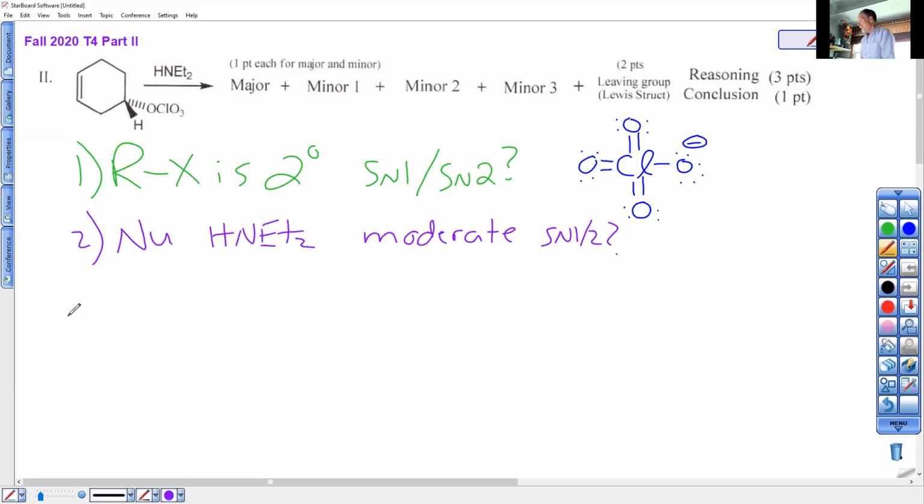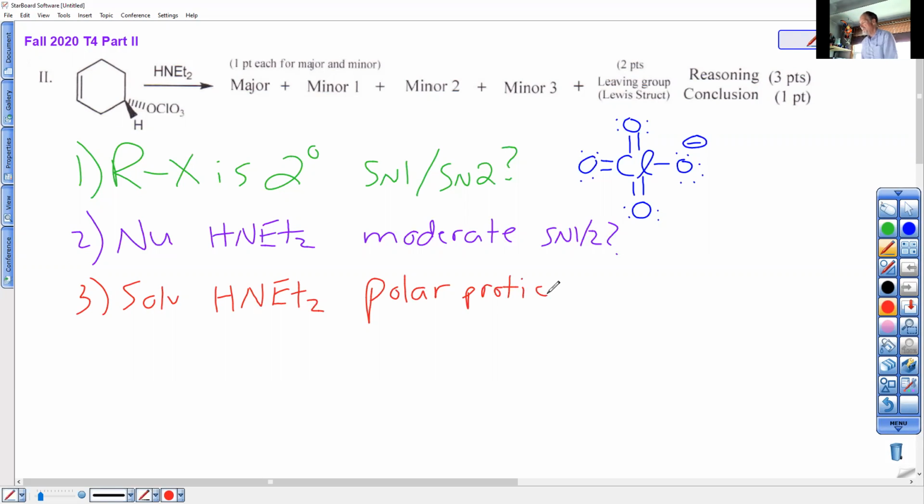And we better make a conclusion with our solvent. It looks like the solvent's missing, but we know better than that. When it looks like the solvent's missing, it means the solvent and the nucleophile are both the same molecule. There's just a very large excess of the nucleophile, which makes it also the solvent. Now, categories of solvent are polar protic, which is this one, and polar aprotic, which is not this one, not when it hydrogen bonds.